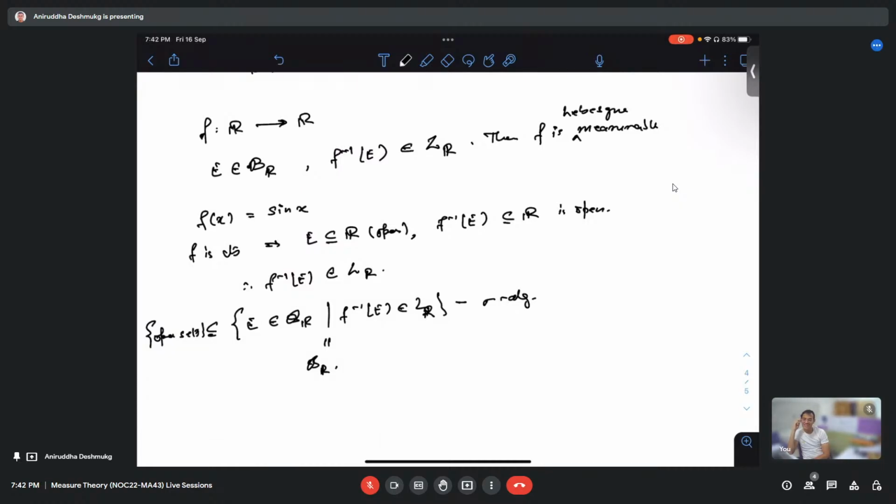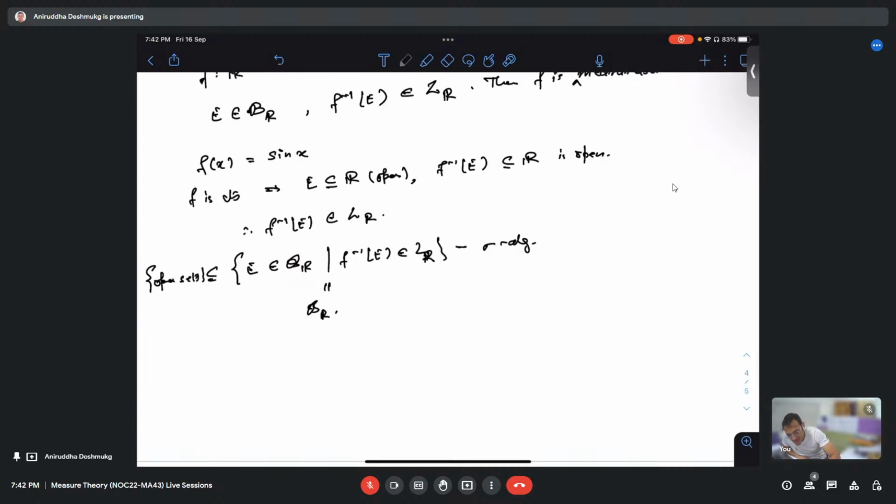There are two things which might cause confusion. Do you want to ask whether Borel sets are Lebesgue sets? Yes, this is true. But Borel measurable functions need not be Lebesgue measurable.